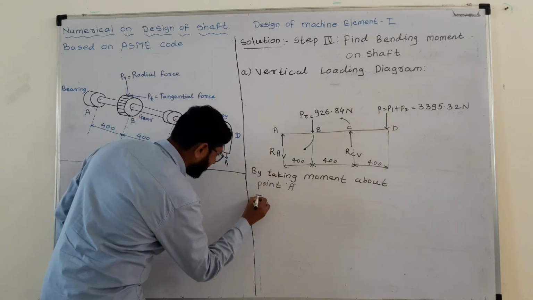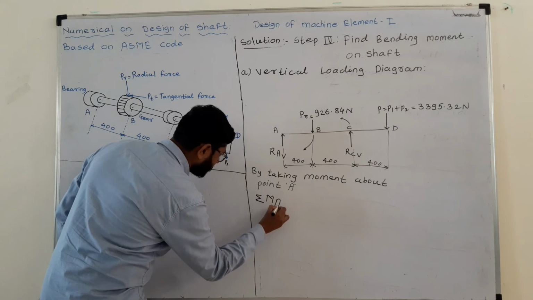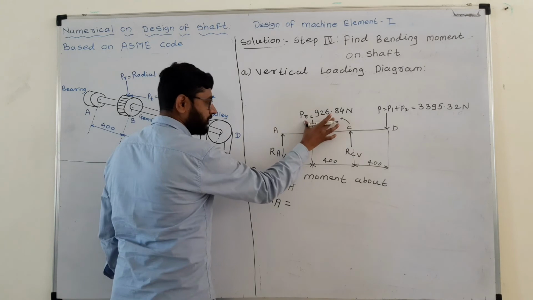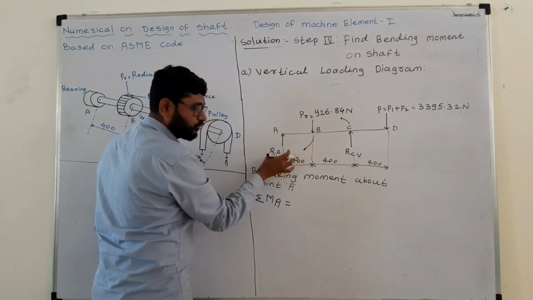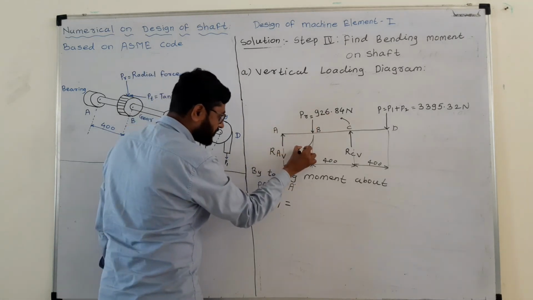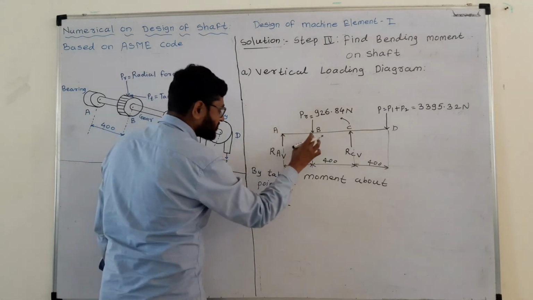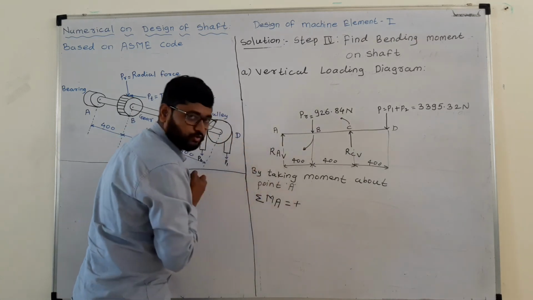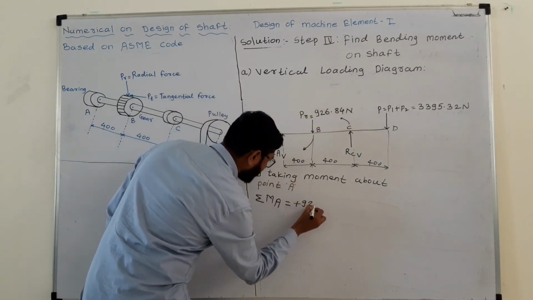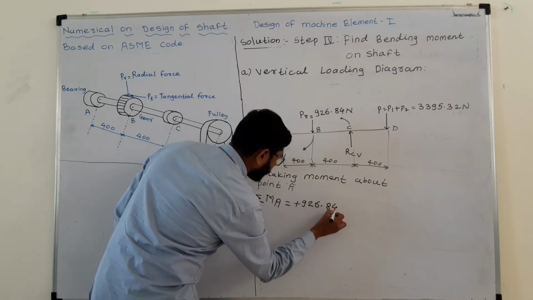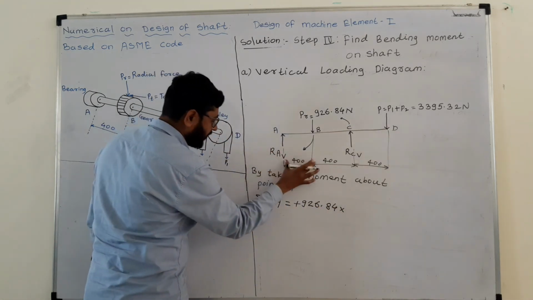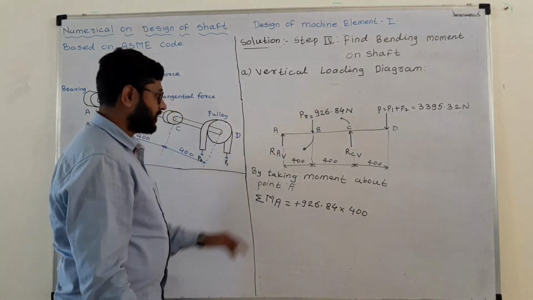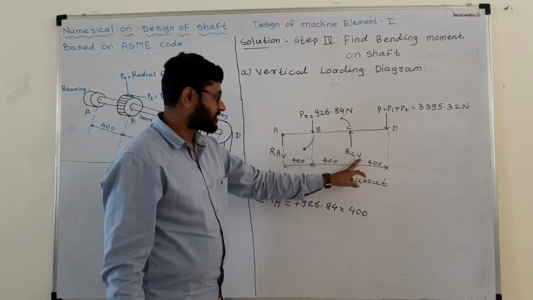So here summation of M A, moment about point A, is nothing but this PR force into perpendicular distance, and also consider the sign, because the PR force is acting clockwise, means here positive 926.84 into perpendicular distance 400. The second force is RCB.